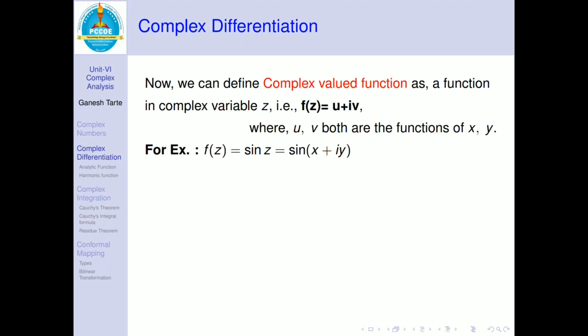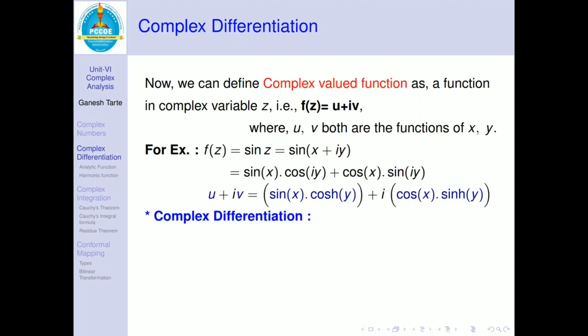Applying the sin a plus b formula, it is sin a cos b plus cos a sin b, and further we know that cos of iy is cos hyperbolic y, and sin of iy is i times sin hyperbolic y, and therefore we can easily get the values of u and v.